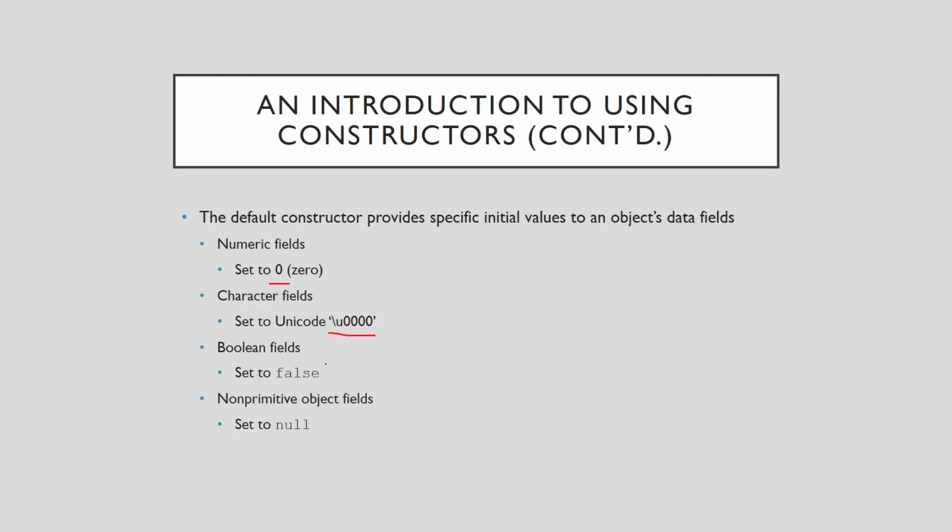For the Boolean values, we have false. For non-primitive object fields, we have the null default value. For the string, we can use the null or the empty literal string.